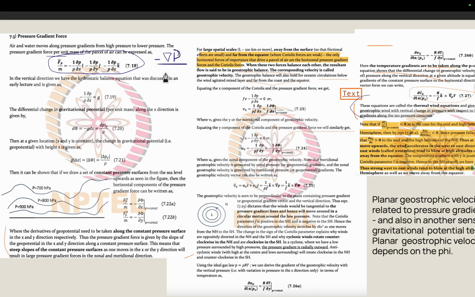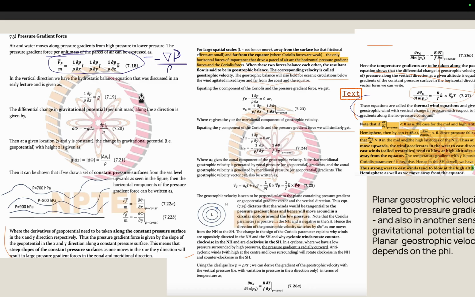Now you can write this grad P with its three components i cap, j cap, k cap. So this equation comes directly from grad P.